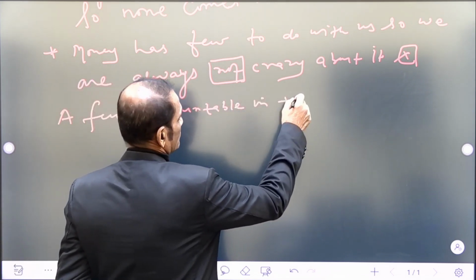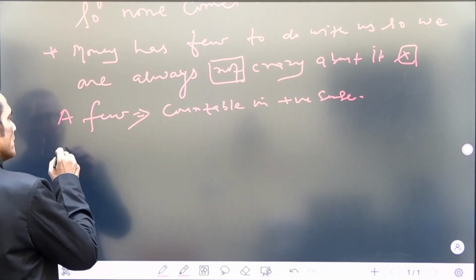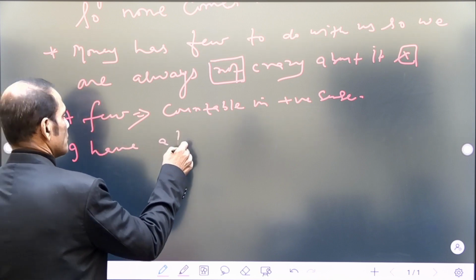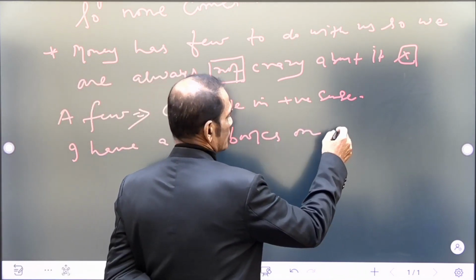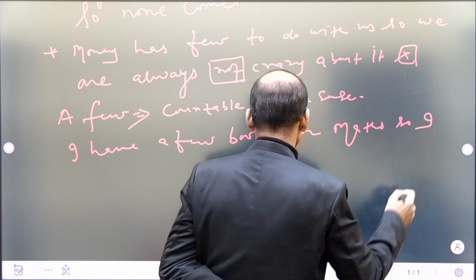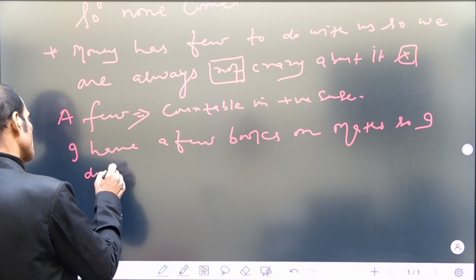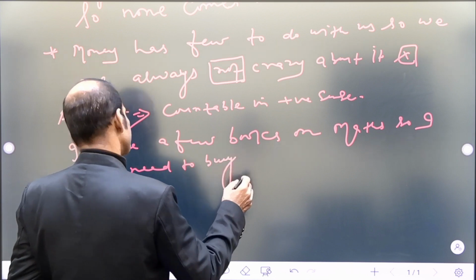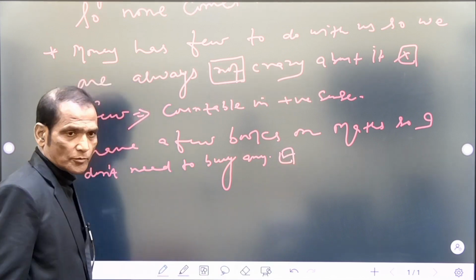For example, I have a few books on maths, so I don't need to buy any. This is positive sense.